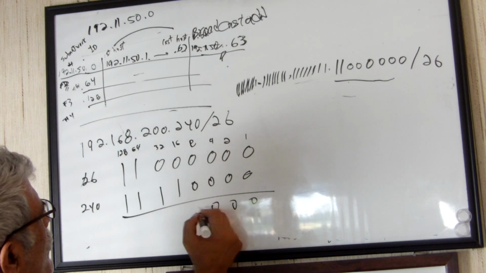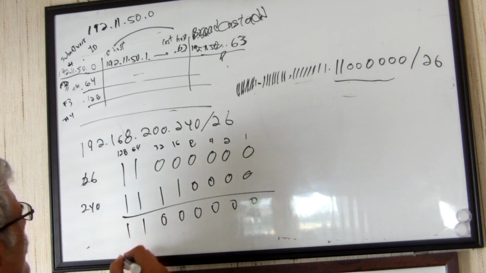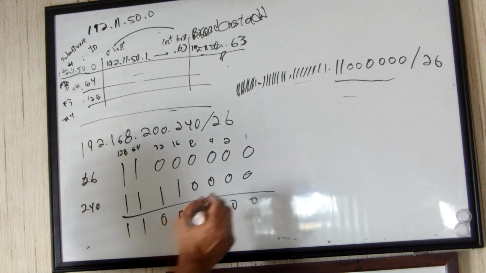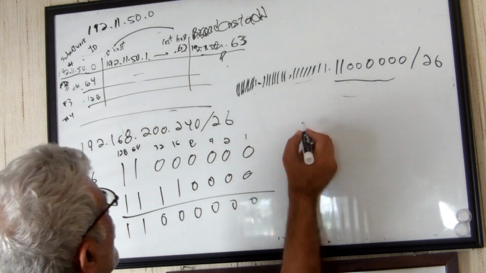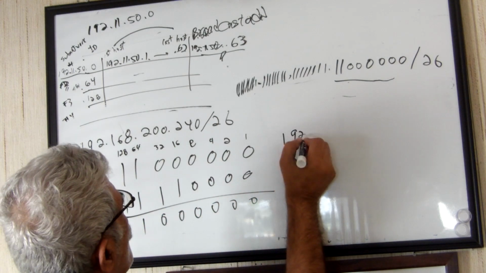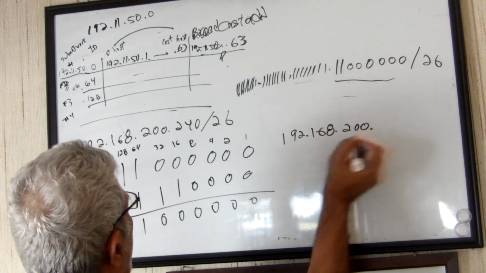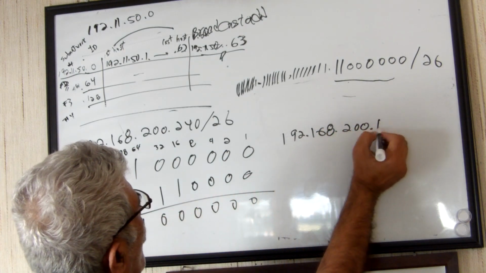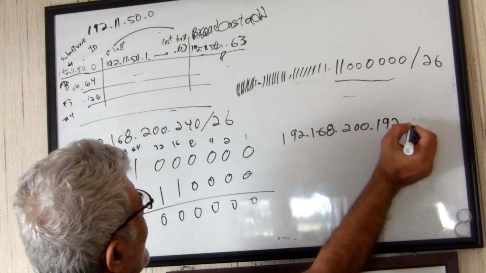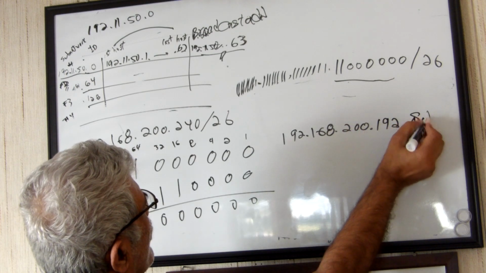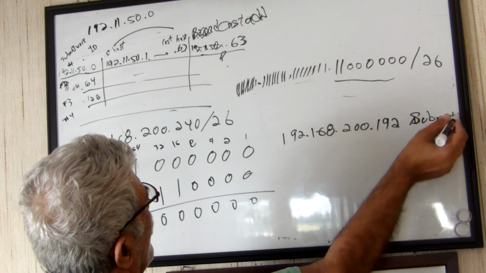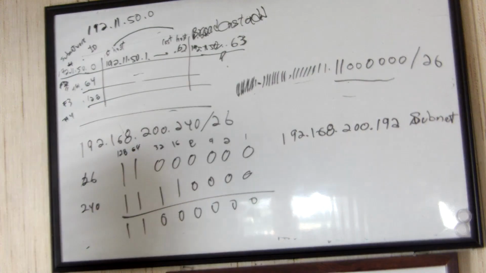And then you see that 192 is going to be 192.168.200.192, the subnet network ID.